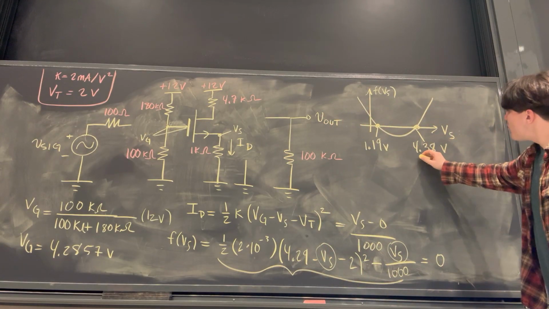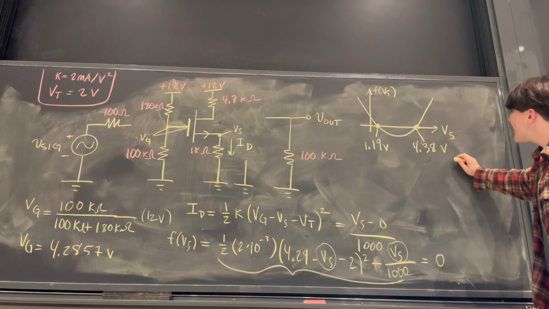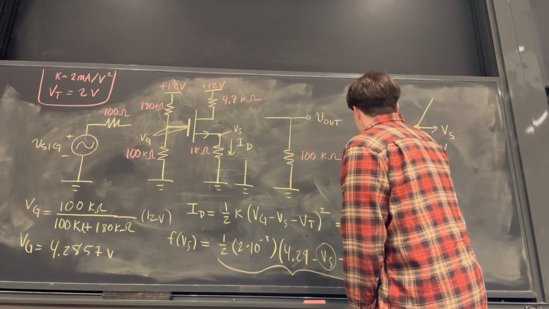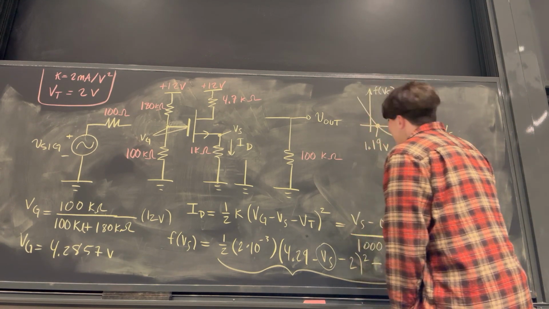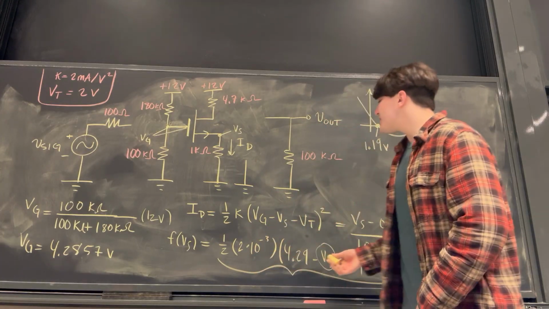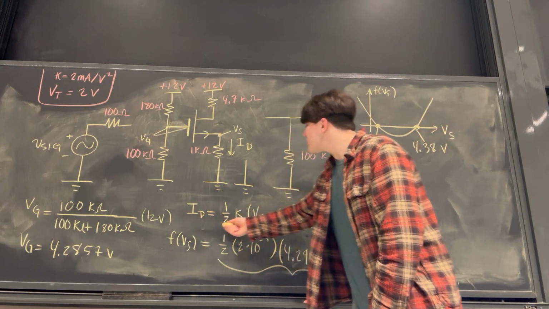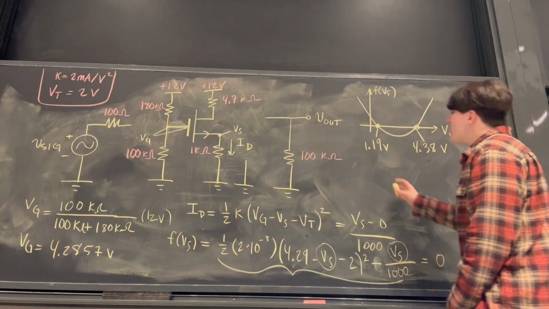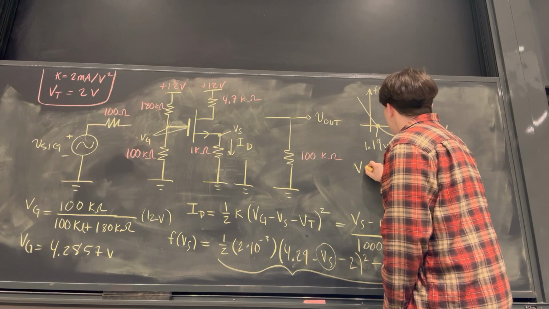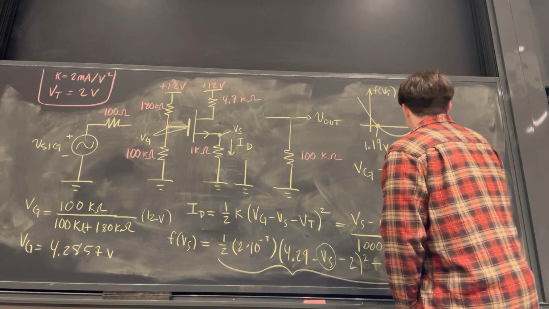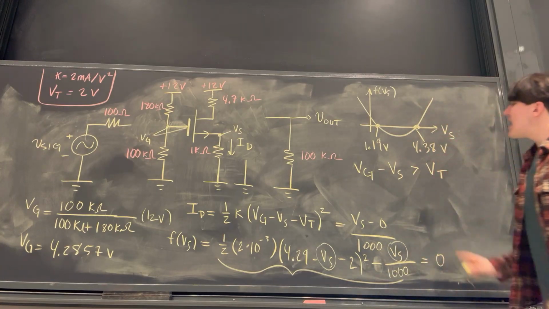Well, if it were 4.38 volts, let's see what that would imply. Let's see if this MOSFET would still be able to be in the saturation regime, which was, of course, our original assumption when we used the saturation equation. In order to be in the saturation regime, Vg minus Vs has to be greater than Vt. This is a requirement.